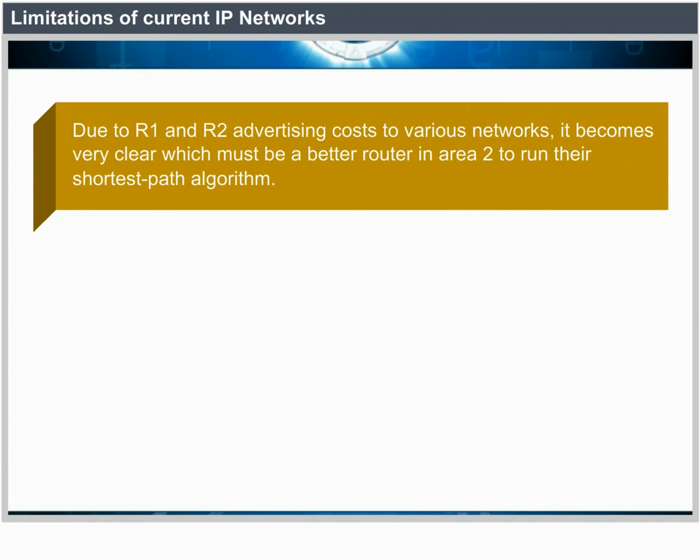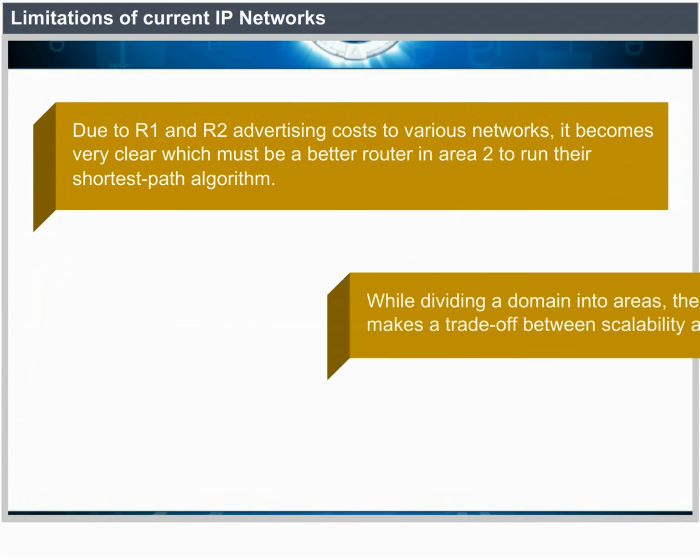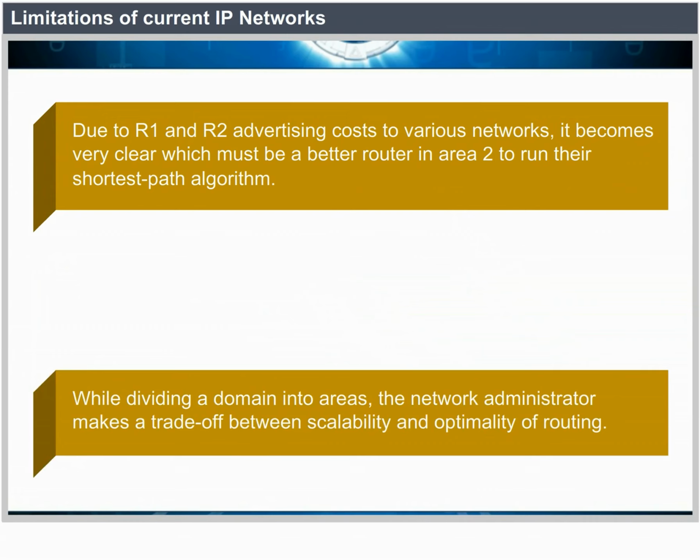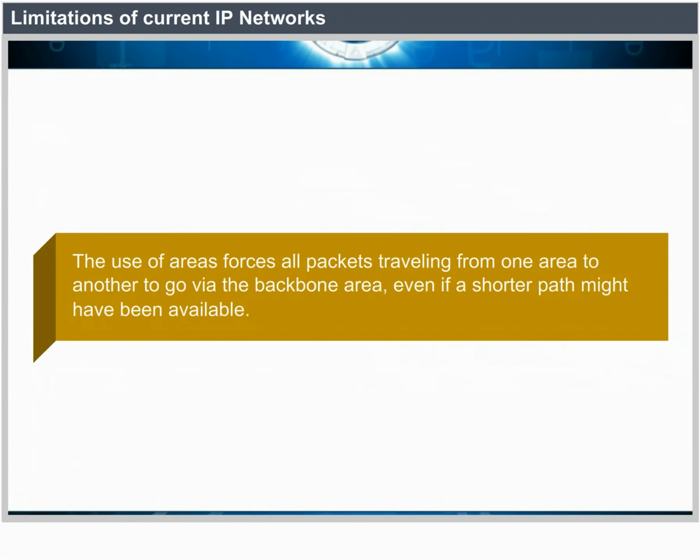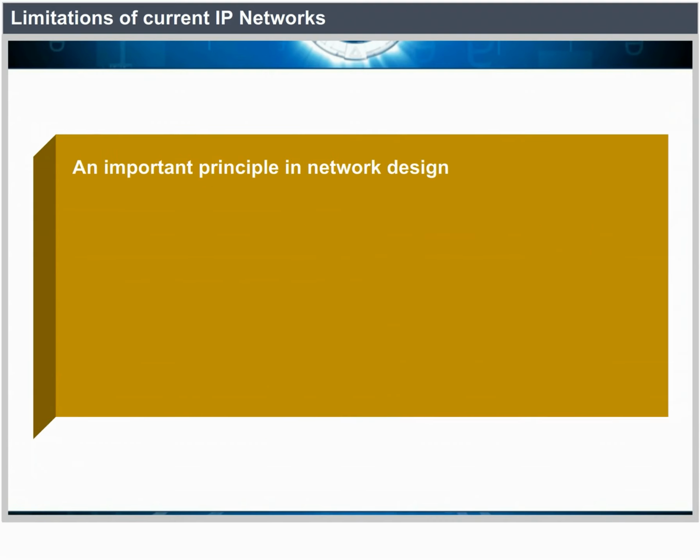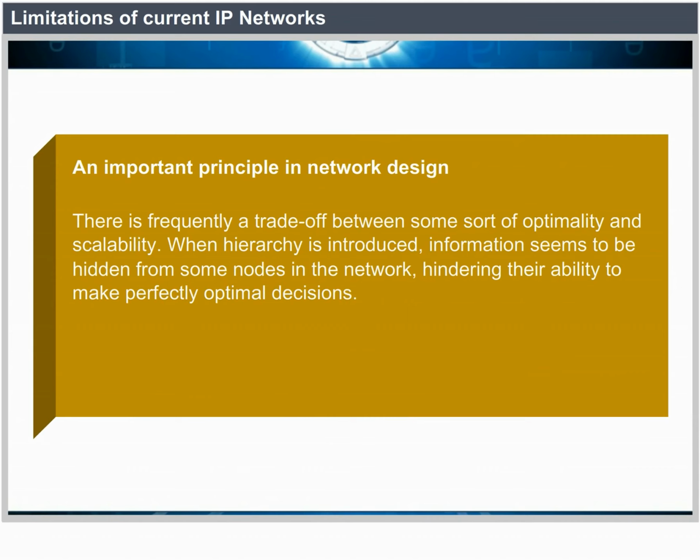When dividing a domain into areas, the network administrator makes a trade-off between scalability and optimality of routing. The use of areas forces all the packets traveling from one area to another to go via the backbone area, even if a shorter path might have been available. An important principle in network design: this is frequently a trade-off between some sort of optimality and scalability.